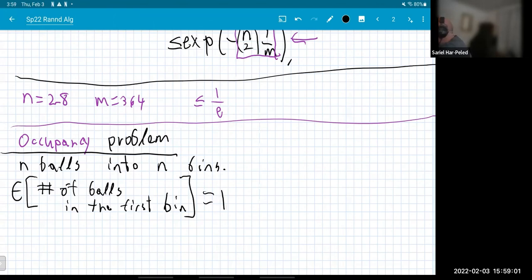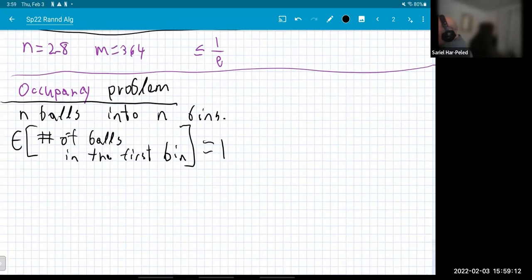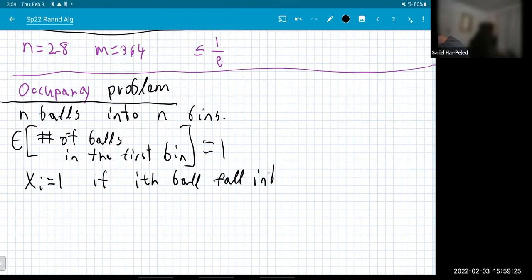If you want the more formal argument, it would go like this. Let x_i be 1 if the ith ball falls into the first bin. So it's an indicator variable.